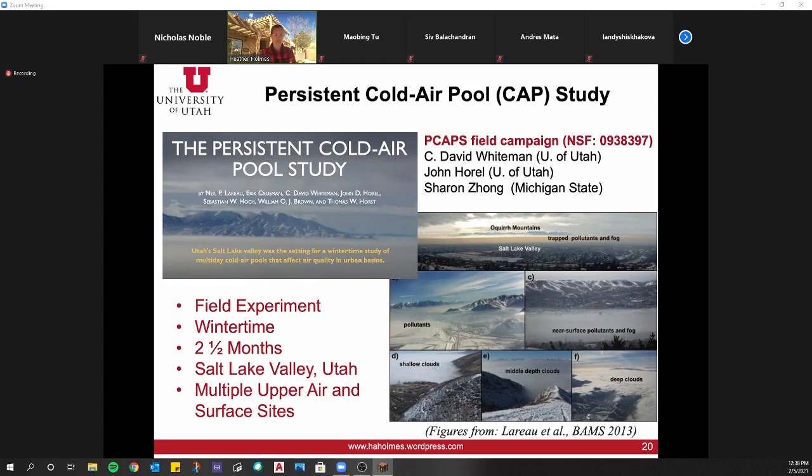And for 2.5 months, they instrumented that whole Salt Lake Valley with meteorology sensors. Both at the surface, they put sensors up the side of the mountains, and they had profilers, both balloons and lasers, to try and get information about the vertical profile of the atmosphere. And so they were able to get lots of good cold air pool temperature inversion events to collect data from.